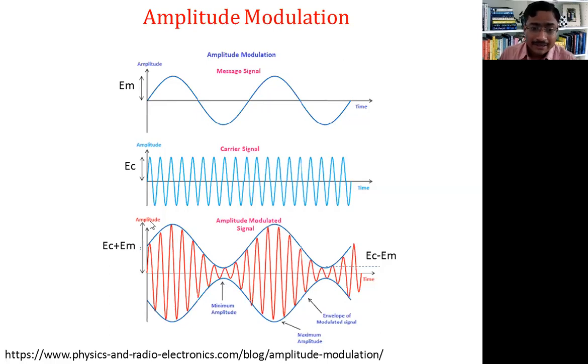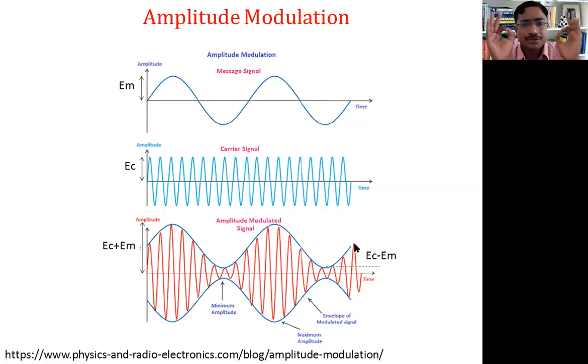Now if you look here, we get a maximum amplitude at this point, and at this point we get the minimum amplitude. And here we have also written the maximum amplitude: EC plus EM. The maximum amplitude is EC plus EM, and the minimum amplitude is EC minus EM. Look here, EC minus EM.